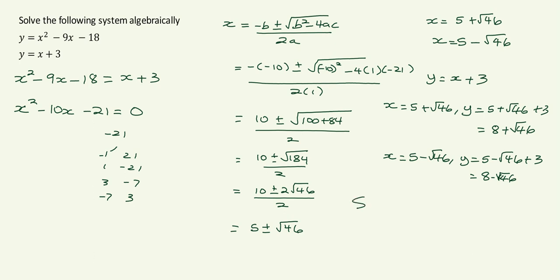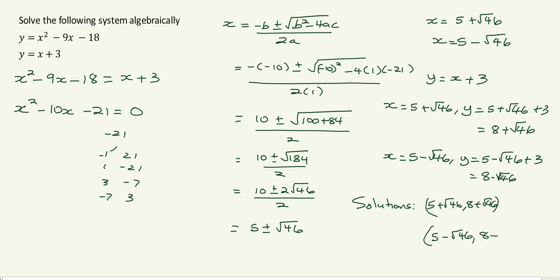So solutions, we have 5 plus square root of 46, 8 plus square root of 46. We also have 5 minus square root of 46, 8 minus square root of 46. So this is how you would apply the algebraic method to solving a system of quadratic and linear equations.